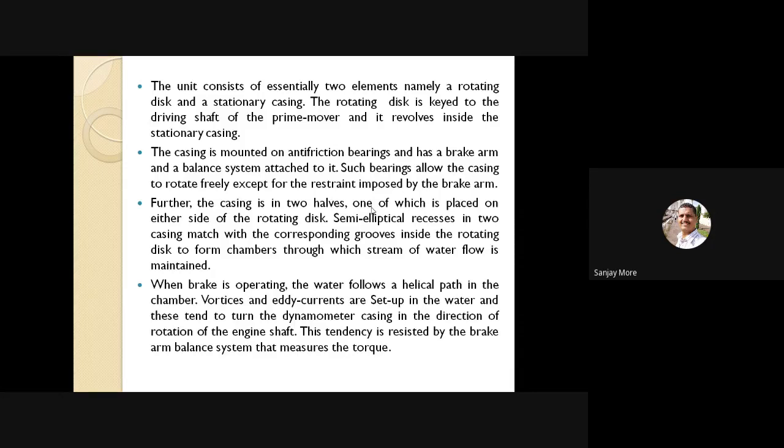This tendency is resisted by the brake arm balance system that measures the torque.